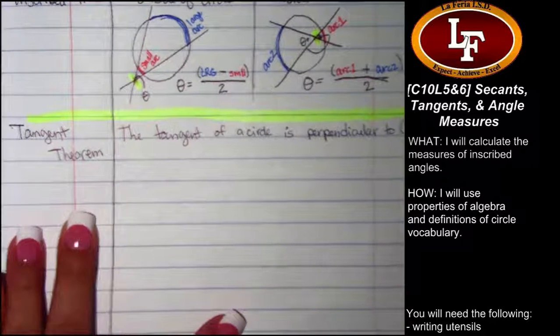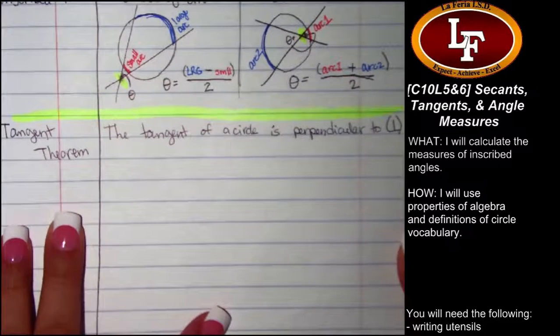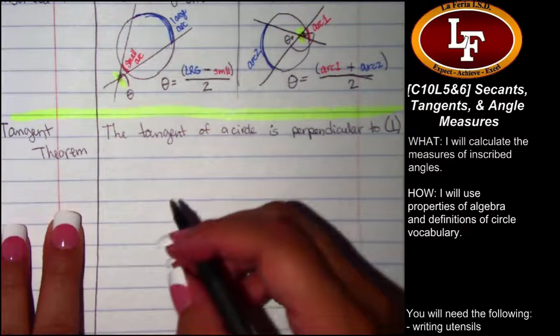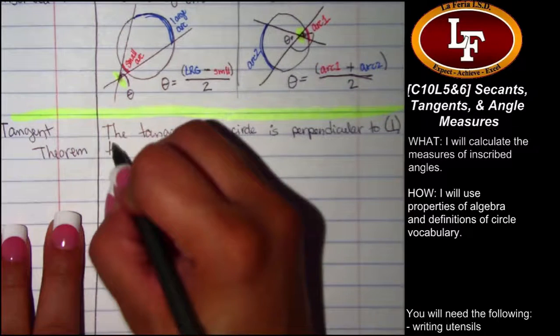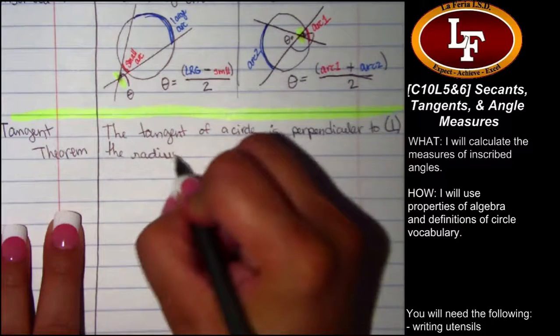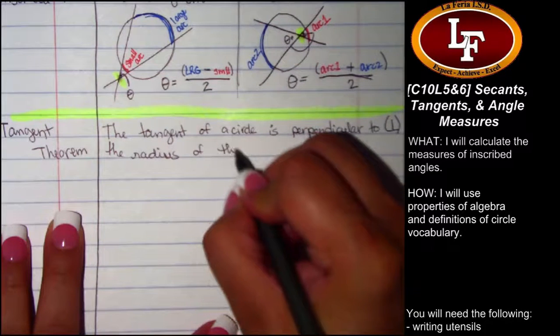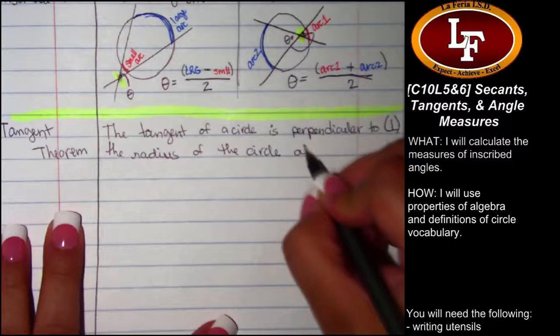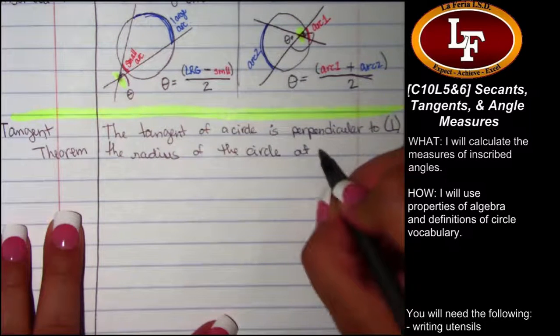Remember, it's the upside down capital letter T is the symbol for perpendicular. The tangent of a circle is perpendicular to the radius of the circle. And it's perpendicular at the point of tangency.